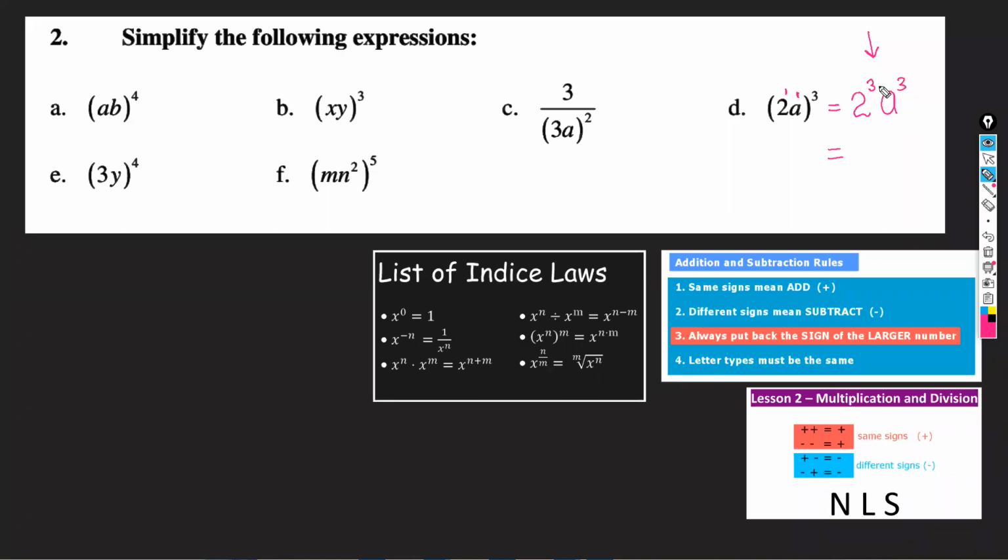Last week, I gave you a table to learn off. How much is 2 to the power 3? Please don't say 6. The answer is not 6. Because it's 2 by another 2. It's 8. 8a cubed. The examiner will want this one, right? Even though this is mathematically correct, it's real easy to work out 2 to the power 3 in your head. So the examiner will kind of want that, okay?